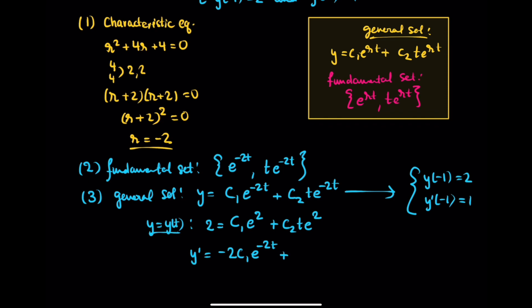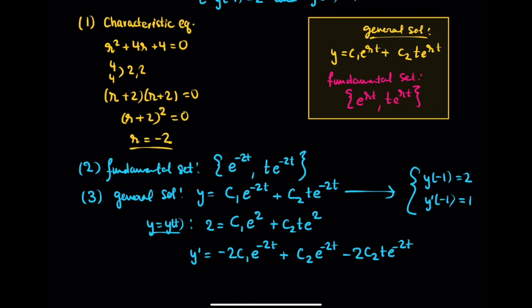And then we have to do a product rule in the second term, because we have two t's. So the first t is c2 e to the -2t, plus -2 c2 t e to the -2t.